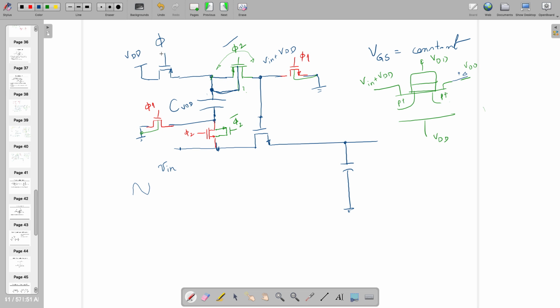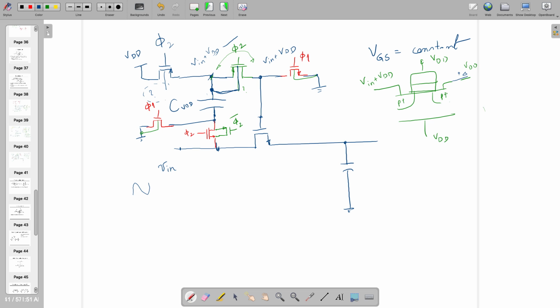So if I am connecting this to phi 2, the only problem is, again same, body is connected to Vin plus VDD, because here the output is Vin plus VDD. You can see that, right? So you can think about it.